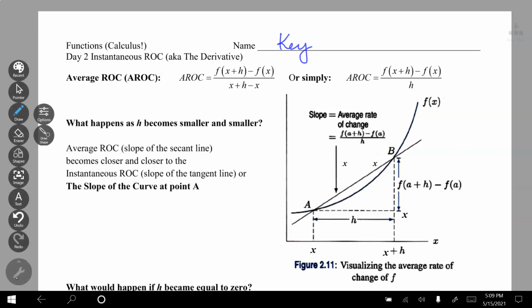So we remember the average rate of change. We've done this many times this year. In the third quarter, I put this on every quiz once we got to that point.